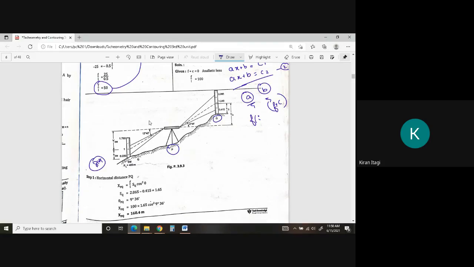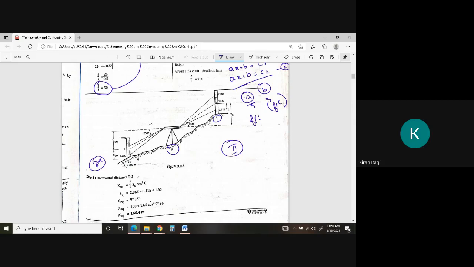Here you can see the staff is held vertical at the two conditions. So we are going for the second case. The first case was the line of sight horizontal and the staff held vertical. But here in the second case, the line of sight is inclined and the staff is held vertical.